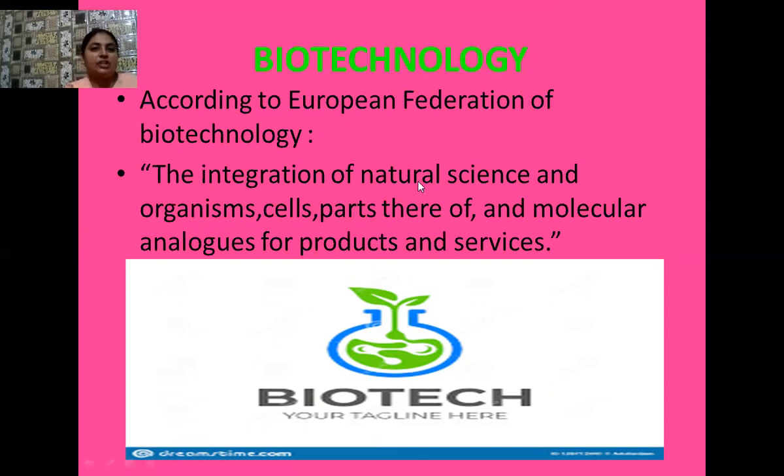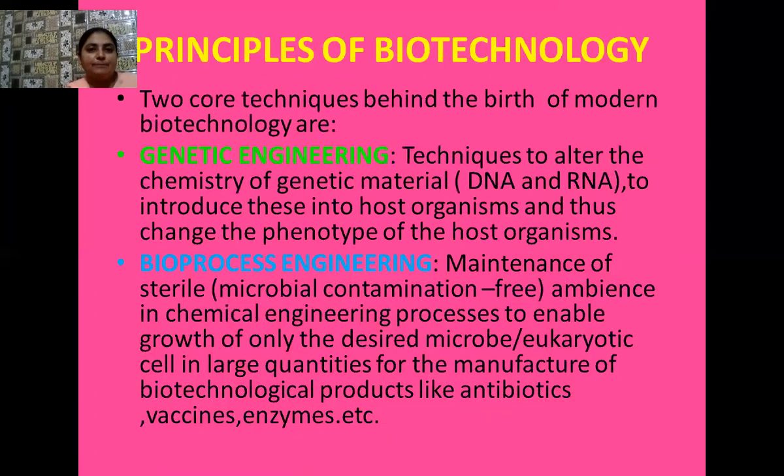So it is the integration of natural science and so many living organisms, their cells, their molecular analogues, meaning the types of nucleic acids that are present in them, genes present in them, for the purpose of producing different kinds of desirable products and services. That is known as biotechnology.